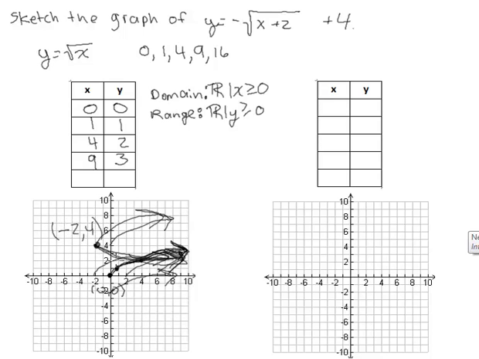Negative 2, 4, and then it's going to go down. So I'll go ahead and put that one in here, (-2, 4).